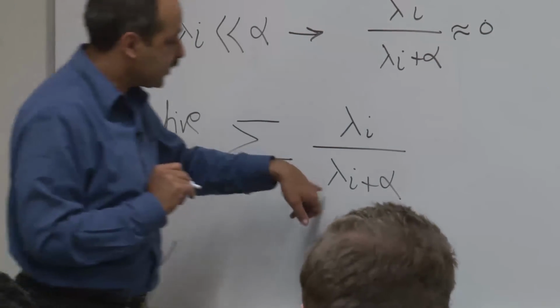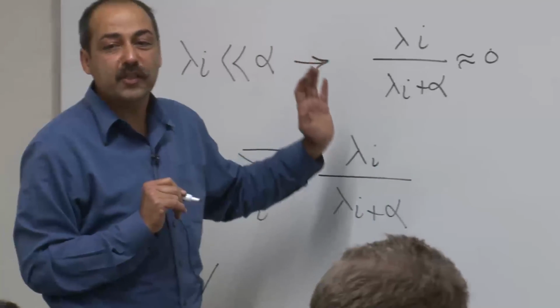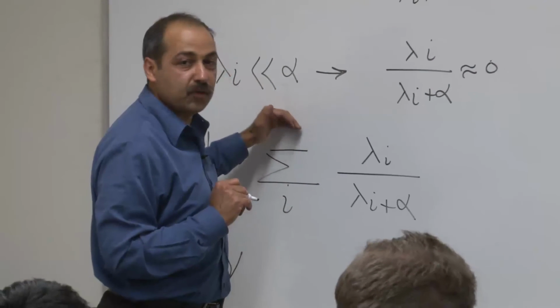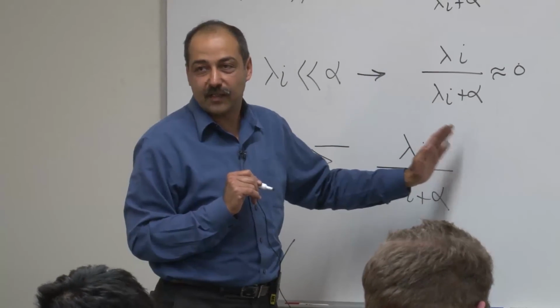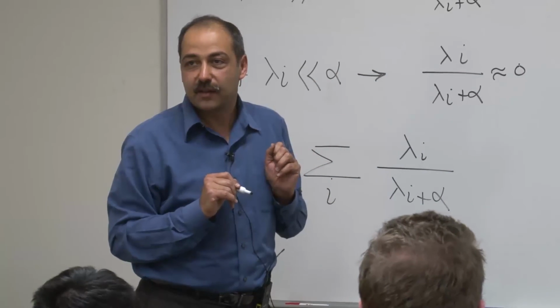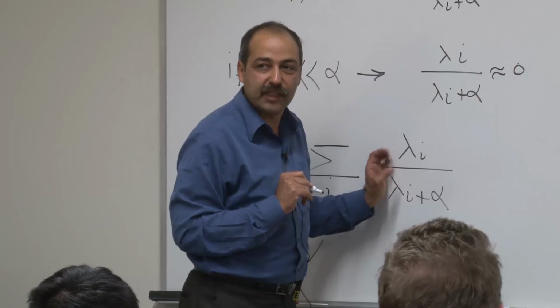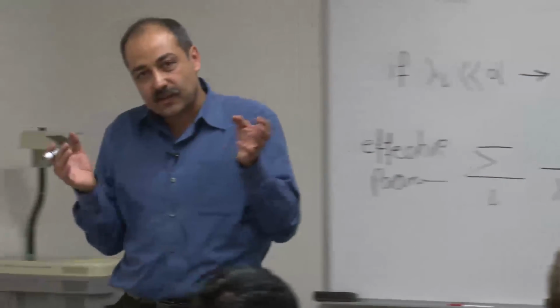So you can see that some of these are going to be 0, right? Originally, if i goes from 1 to n, I had n of these values added together. Now, for large lambda_i's, I have 1. For a small one, I have 0. So the number of parameters is less.